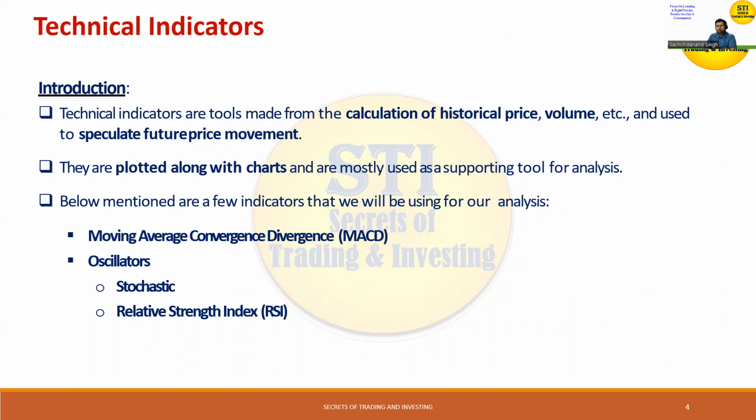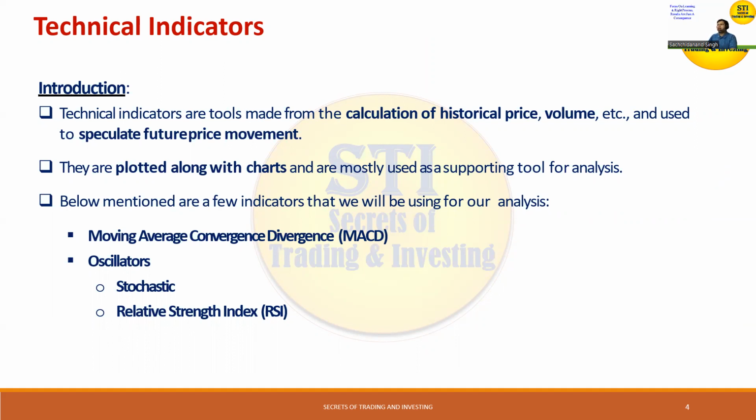There are many technical indicators in technical analysis, and the base data for all of them is only maybe three. One, very widely used, is the price point. The second is the volume, and the third one is the time.